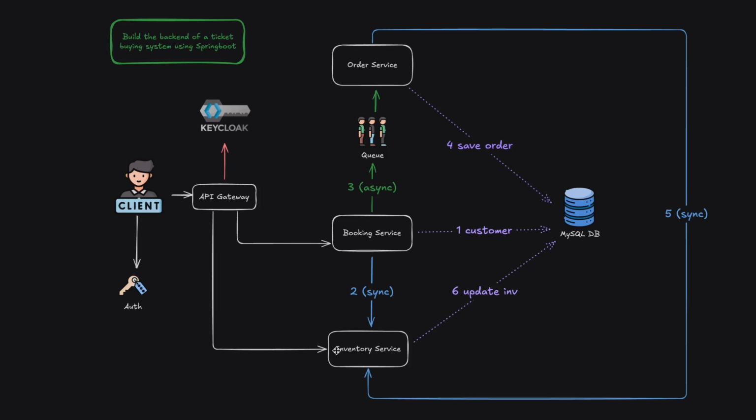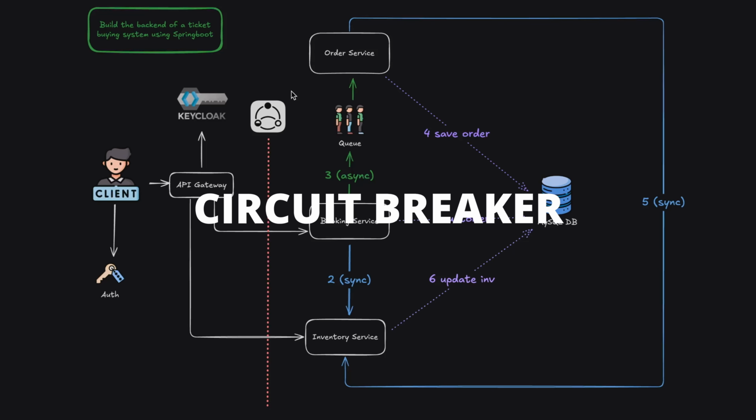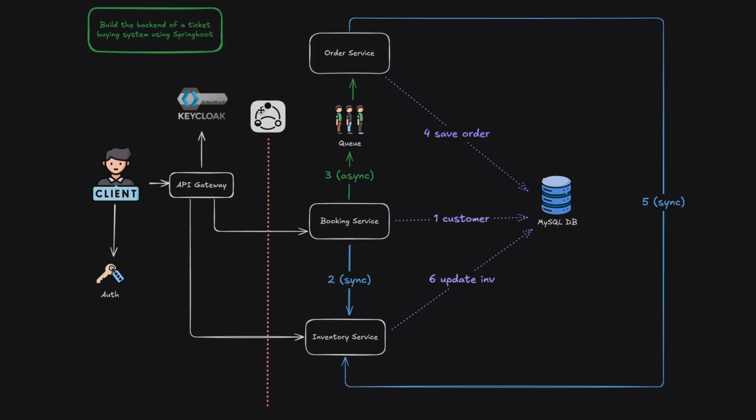In this case, we can implement a pattern which is called the circuit breaker pattern. This is how it would look. We are going to be using Resilience4J as the circuit breaker pattern implementation library. If booking service is failing to respond within certain set thresholds, our circuit breaker is going to stop all requests going from API Gateway to booking service.